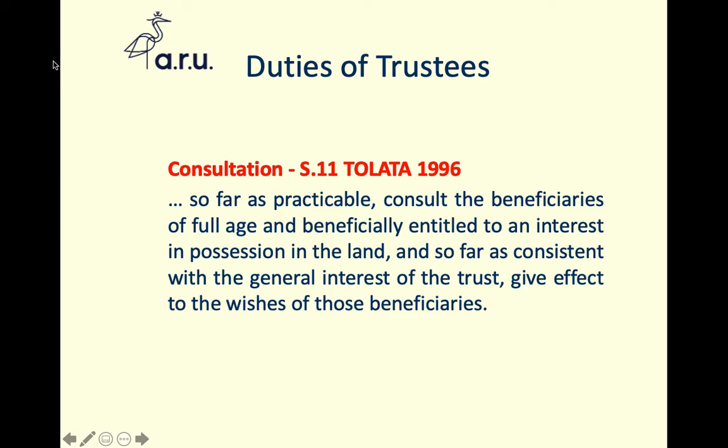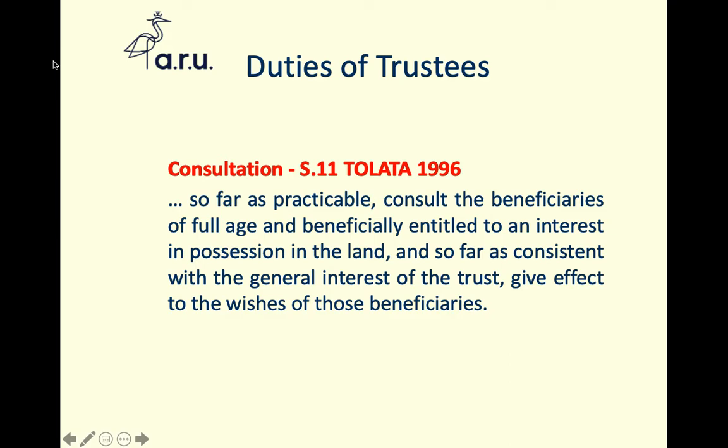testator, or the original person making the trust, and give effect to the wishes of the beneficiaries once they have consulted with them. The so far as practicable means that they have to do what they can to get hold of somebody to ask them that question. So that will depend upon where the beneficiary is and how contactable they've made themselves.